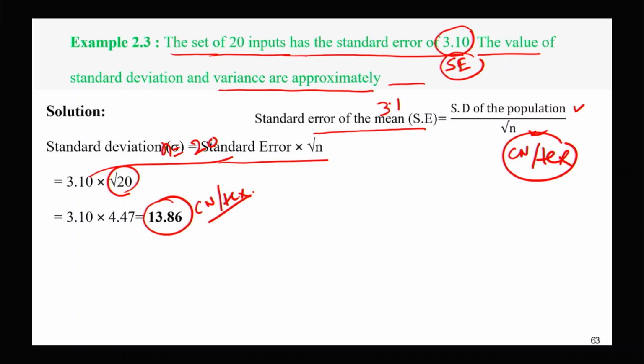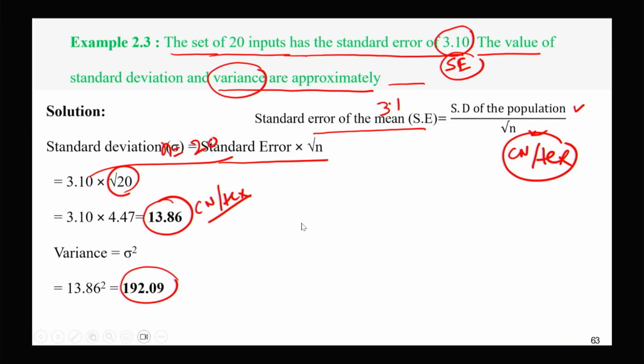So that's the understanding. And then to calculate the variance, variance is nothing but the square of standard deviation. As I have discussed, if you square it, it will be 192.09.